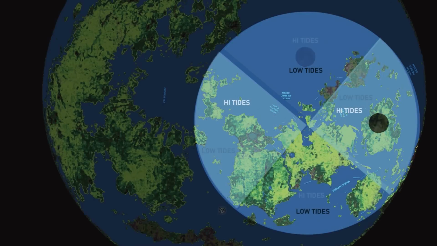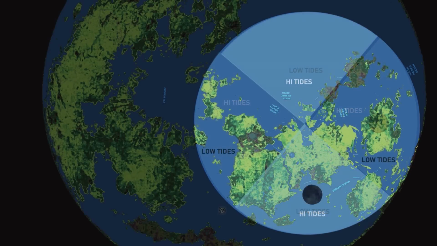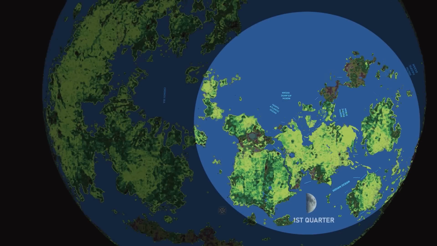Areas below the Moon and opposite, relative to magnetic north, and in these quadrants experience electromagnetic repulsion, high tides and high water levels. Areas in adjacent quadrants experience electromagnetic pull, that is low tide and low water levels.